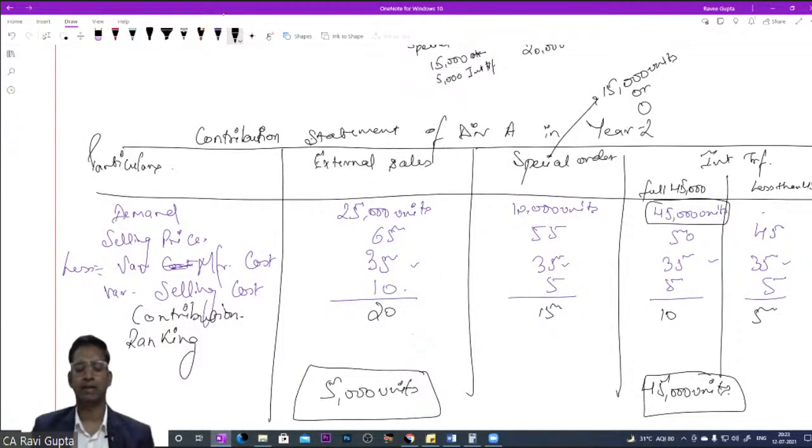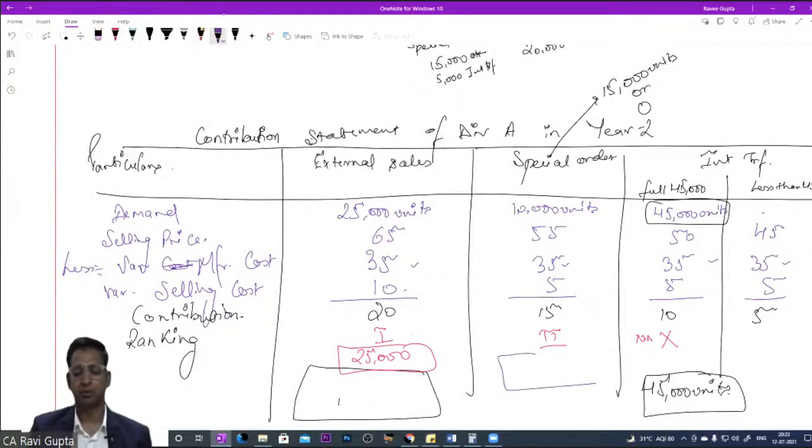And if we do the ranking, the first ranking goes to this, the second ranking to this, and this can't be done. It will be not applicable because after doing this, we have done 25,000 units, and we have done the 10,000 units here.